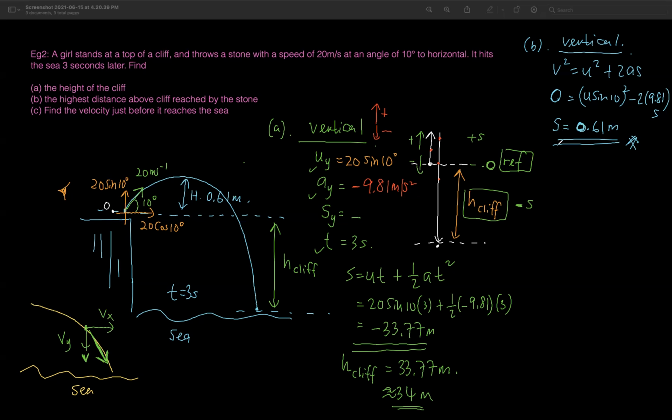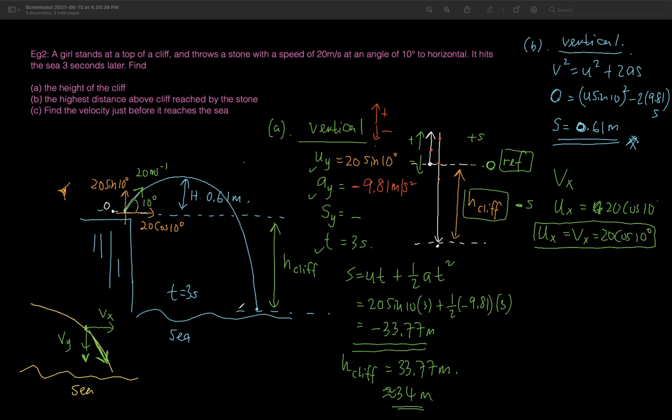So Vx 多少呢？Vx，我的 Ux 是多少？Ux 就是20 cos 10，对吗？因为 acceleration in the horizontal 是0，所以我的 Ux 就是等于我的 Vx，也就是20 cos 10. This is the first thing. So I already got the Vx.